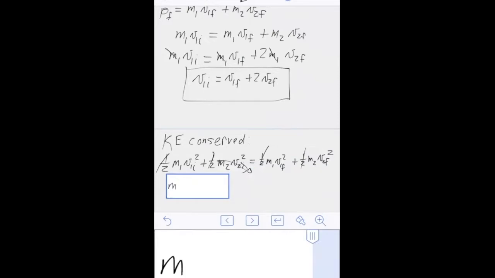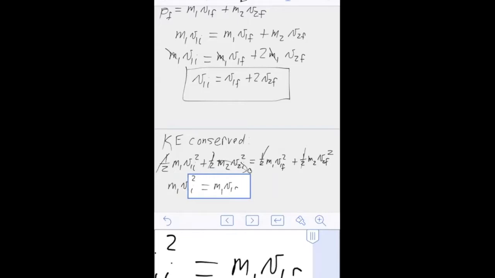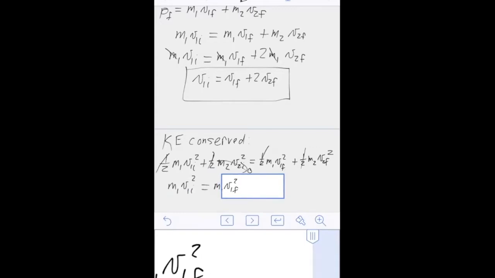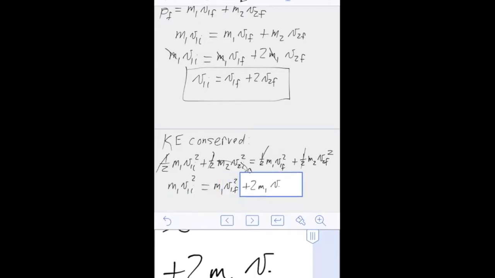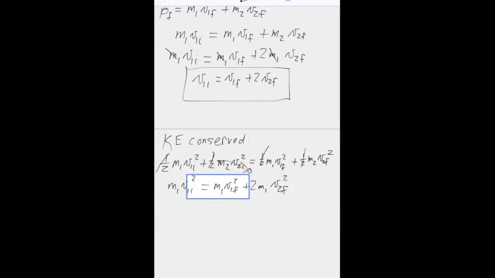I'll have M1 V1I squared is equal to M1 V1F squared plus 2M1, because I just replaced what M2 is, times V2F squared. And again, that means that this mass cancels out. So this is going to be generally true for any situation where a mass is colliding into something that's twice as massive.